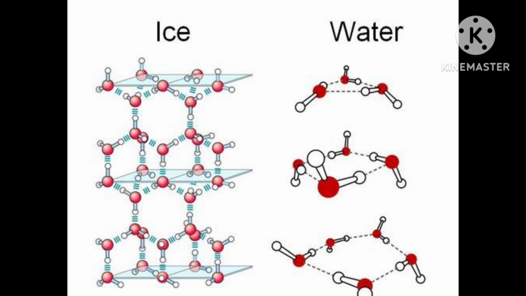Always vapor will be on the surface of water. Wherever liquid water is there, its vapor will be there, and that vapor creates pressure on the surface. That is called vapor pressure.